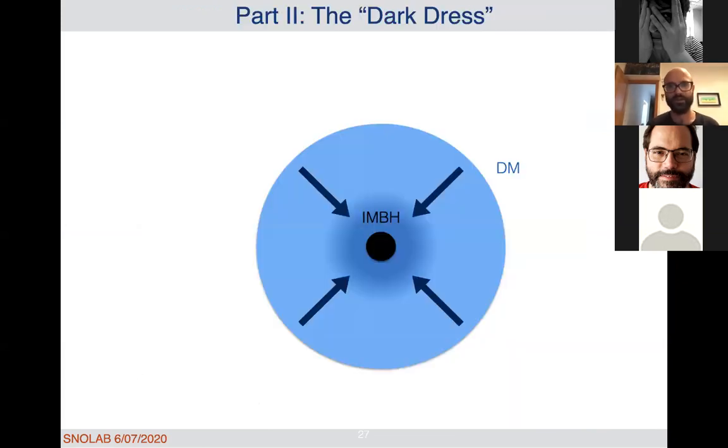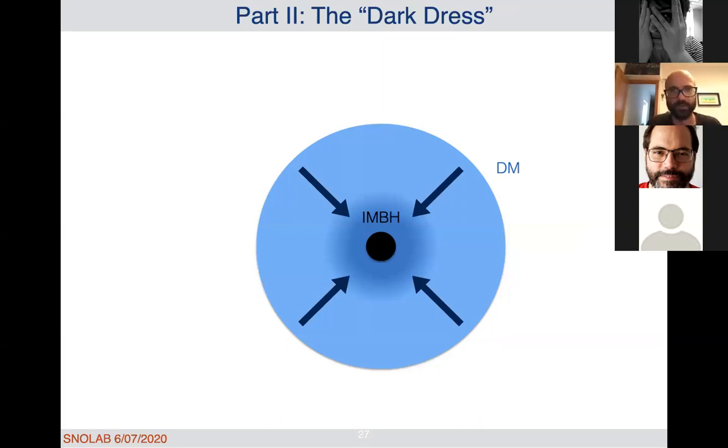And in the last part, I will talk instead of another nice possibility. Here I will consider a scenario partially motivated by what I said before, in which the majority of the dark matter is not made of black holes. So it's made basically of some particles, whatever is your preferred candidate.